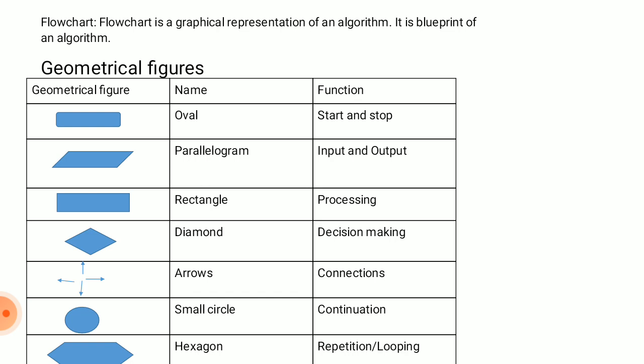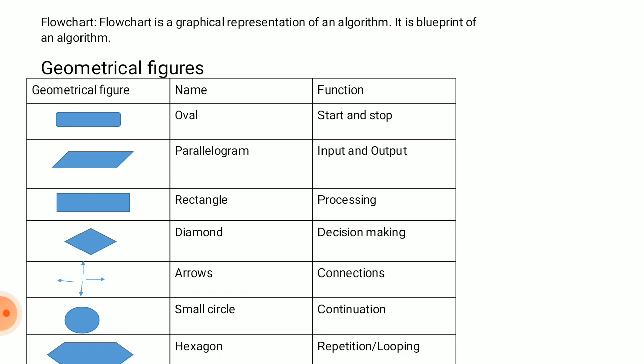Diamond. A diamond is used for decision making. Decision making means, for example, checking between 2 numbers, like the largest of 2 numbers, the smallest of 2 numbers. If you are doing any decision making, either this or that, we use a diamond.